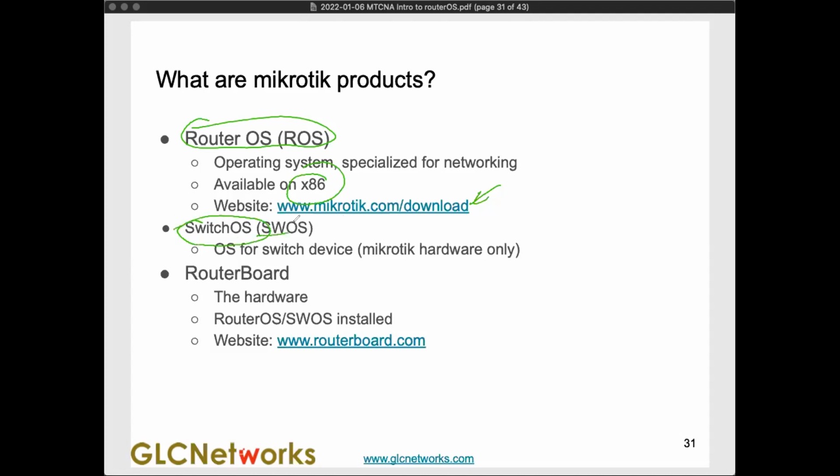The next software is SwitchOS, SwOS, as opposed to ROS. It's an operating system for their switches, but only for MikroTik hardware. Can I download this SwOS? No, SwOS is not available for download. It's already embedded directly in MikroTik devices, switch devices especially.